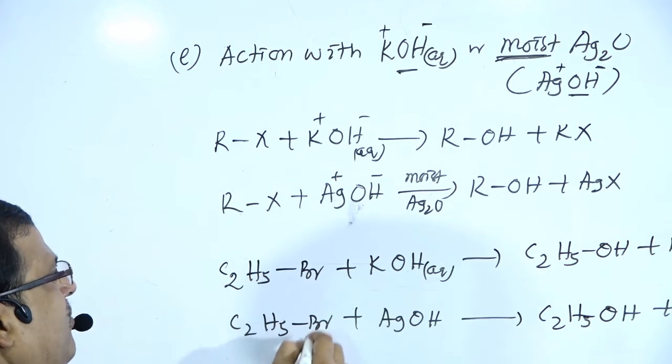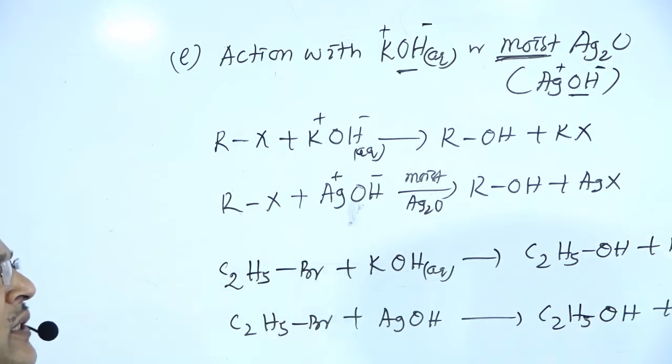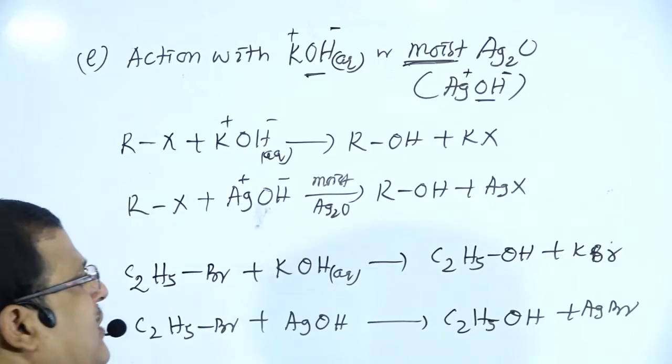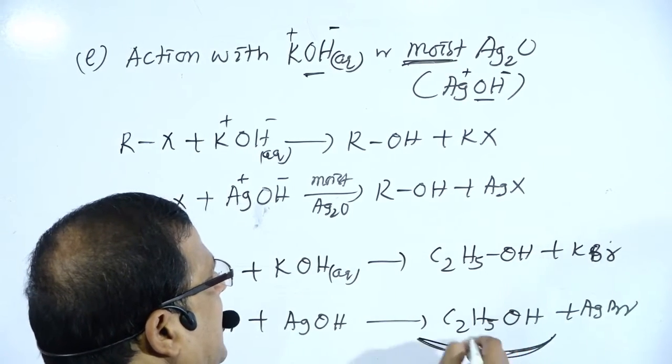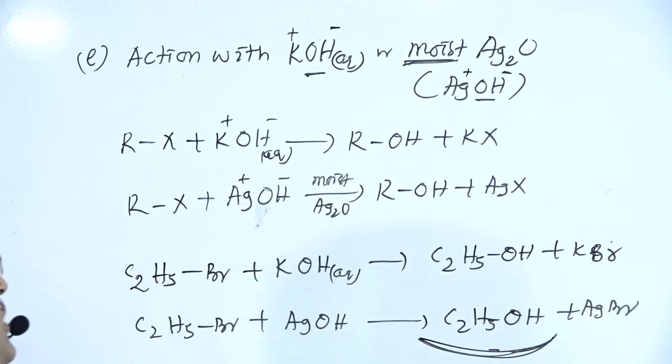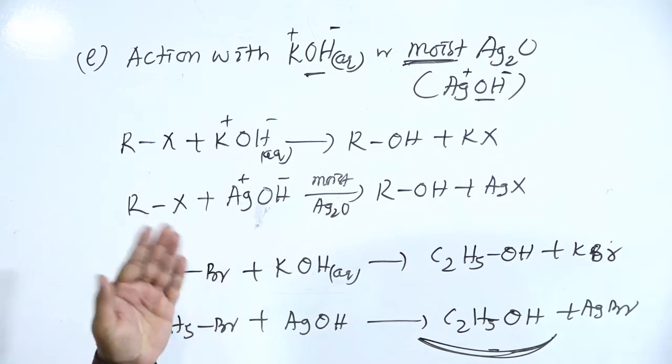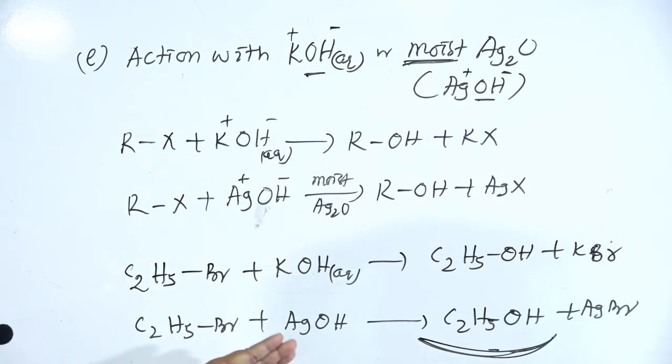So alcohols are formed. Alkyl halide treated with either aqueous KOH or moist Ag2O forms alcohols.